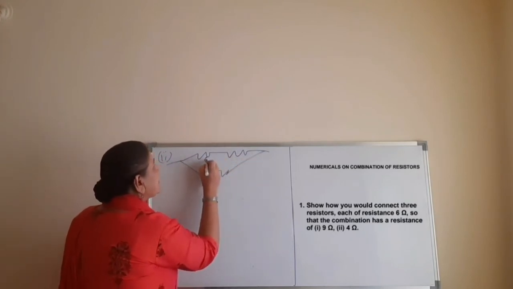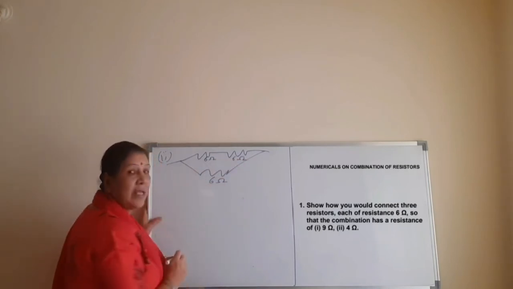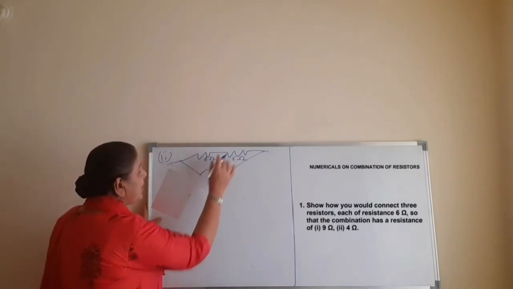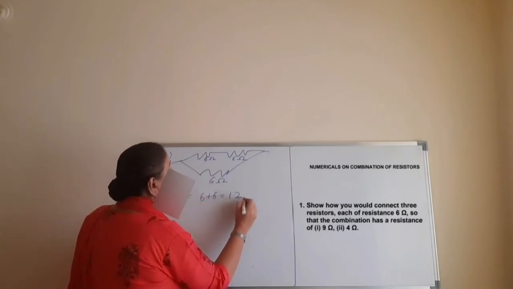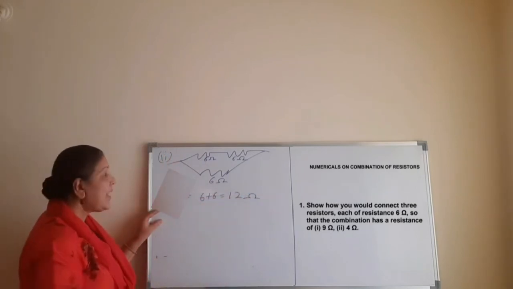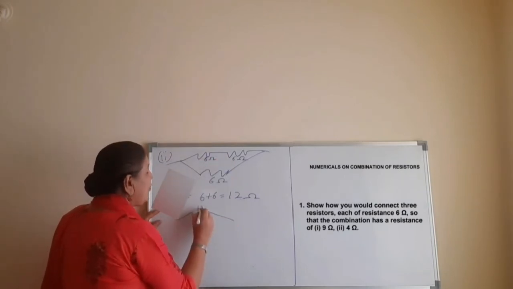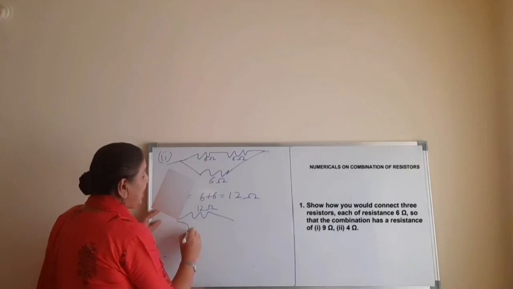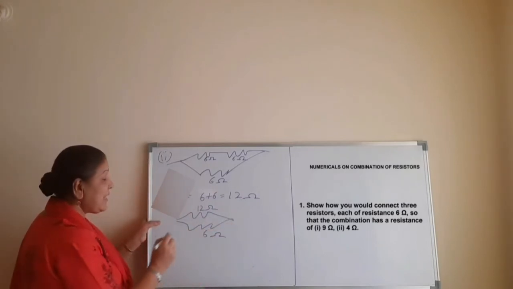So this is 6 ohm, 6 ohm each we have been given. So first for them it will be 6 plus 6, that is 12 ohm, right? And now this 12 ohm is in parallel with 6 ohm. So we'll see what will happen.